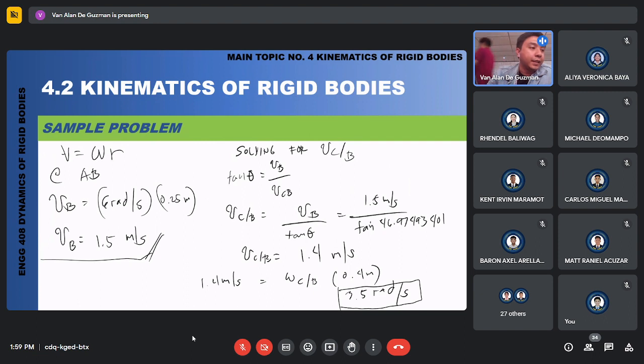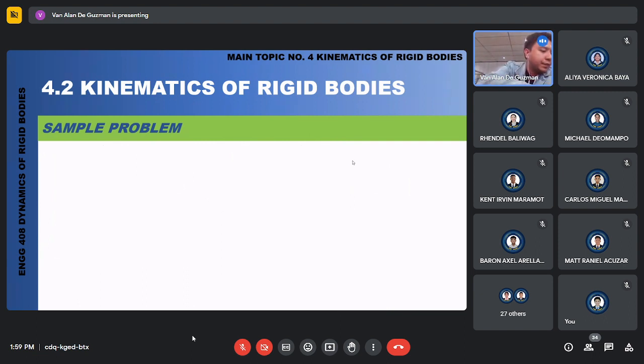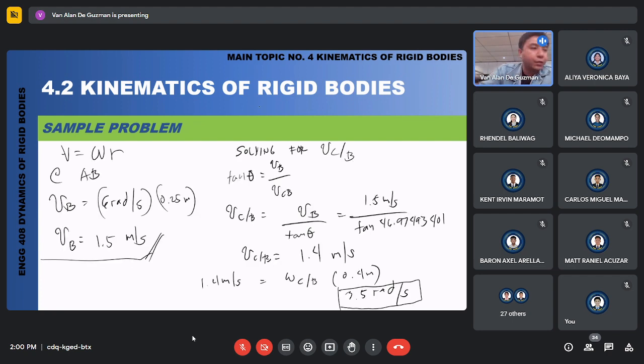Next, let's solve for ano ba yung solve natin?